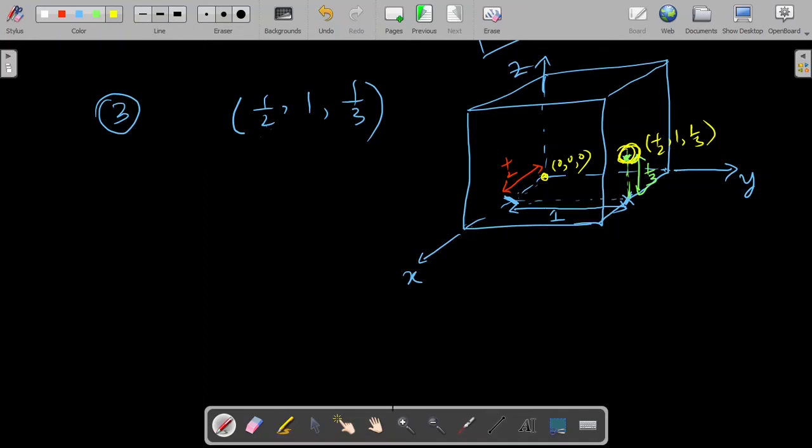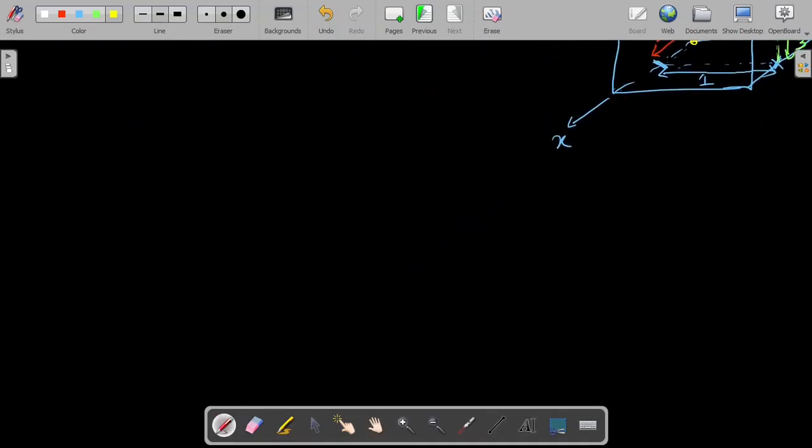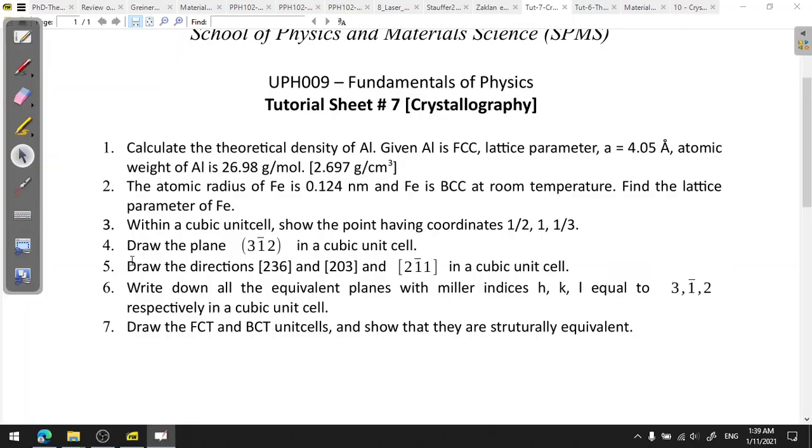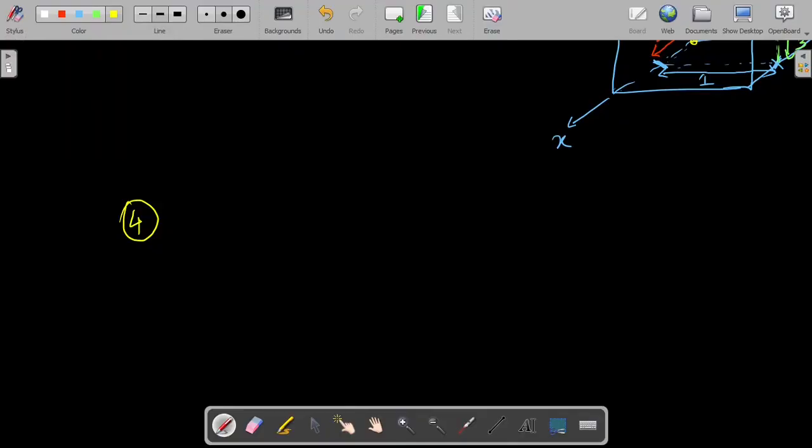That's it. Then question number 4. Question number 4 is, draw the plane 3, 1 bar, 2 in a cubic unit cell. Let's do it.